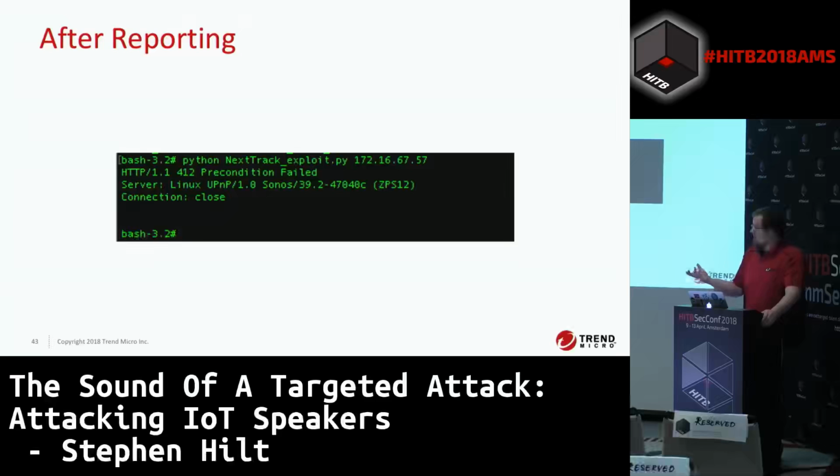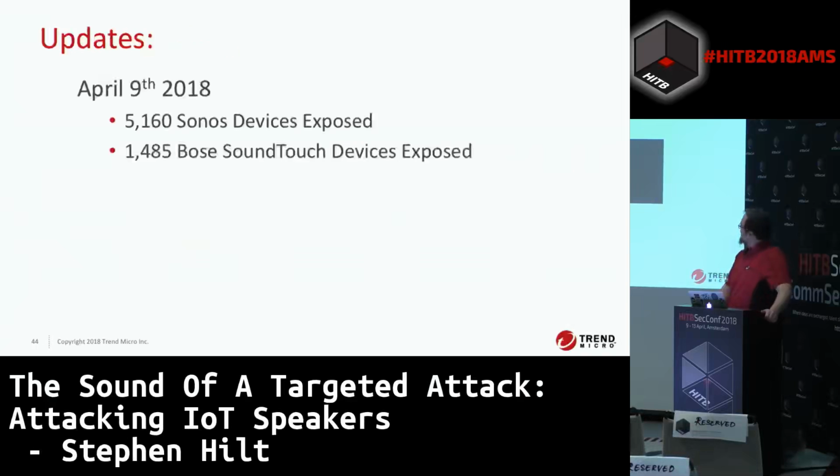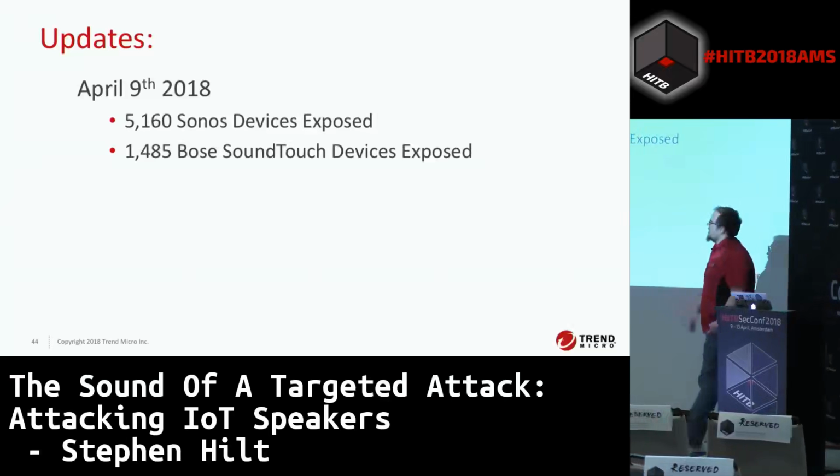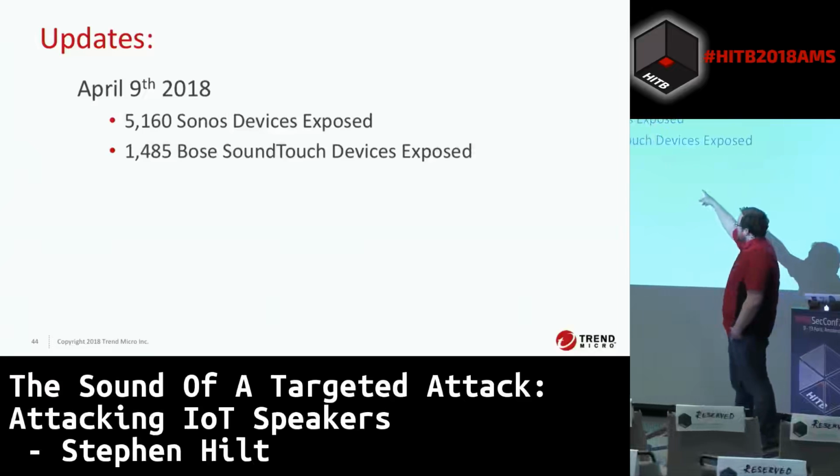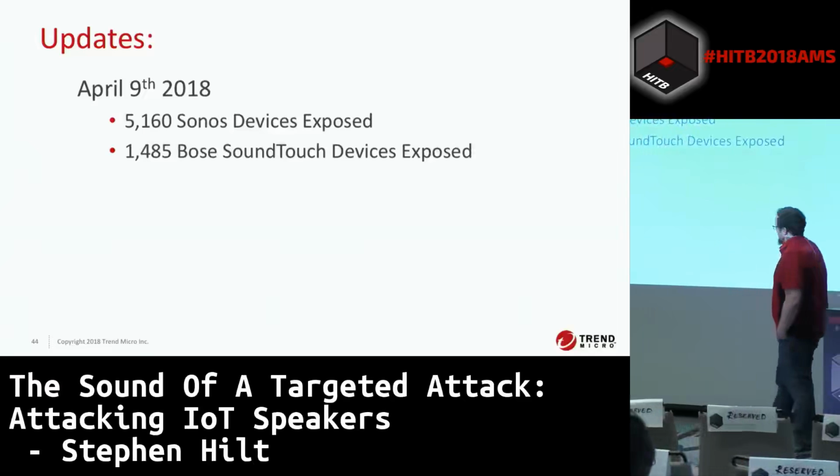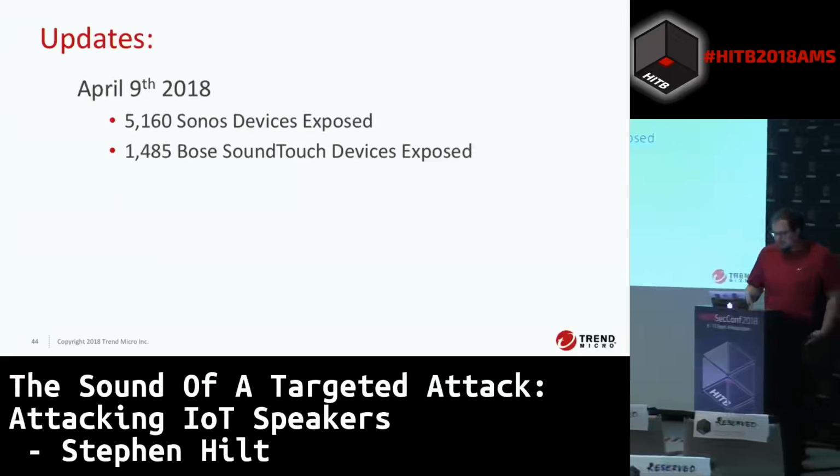So Sonos is actually taking this pretty seriously. One of their responses was, we didn't expect these things to be exposed online, as no one does, but somebody out there will do it. As of Monday, before I flew over, I ran Shodan and we're back over 5,000 Sonos devices and around 1,500 Bose SoundTouch devices.